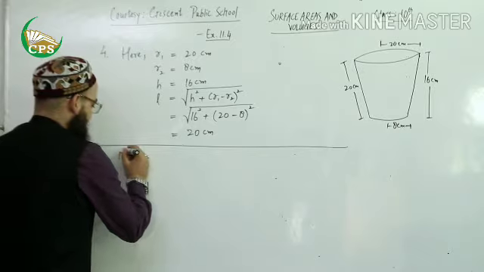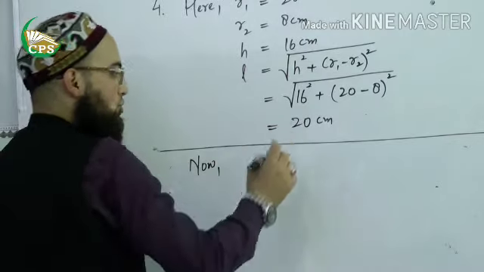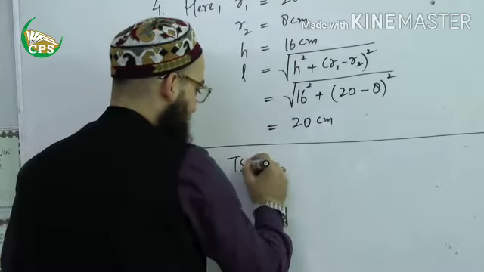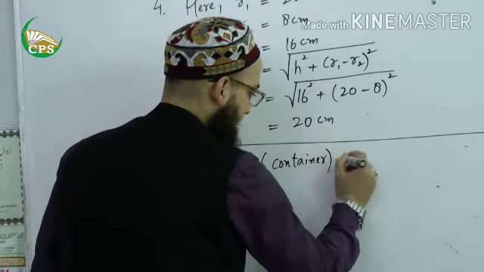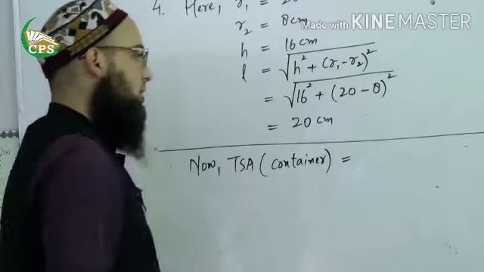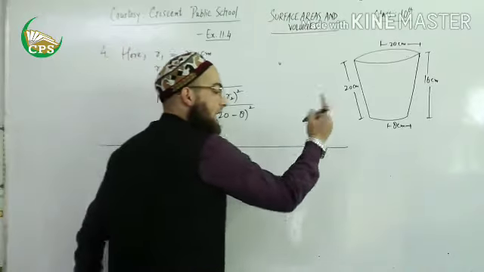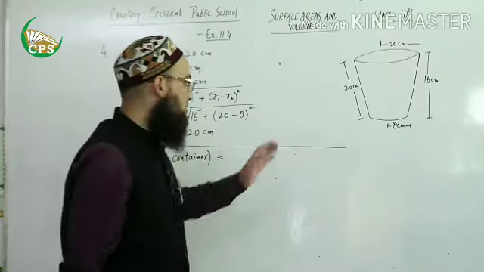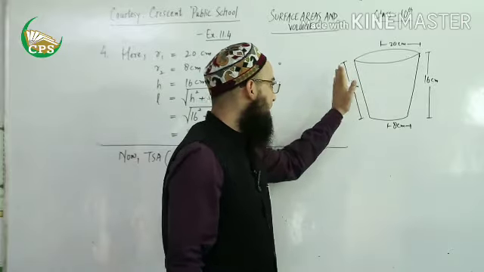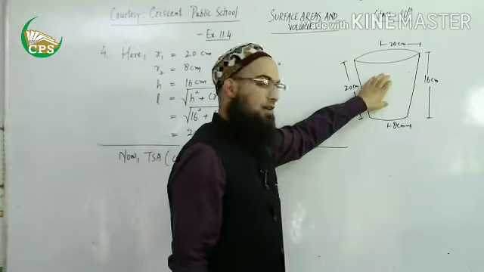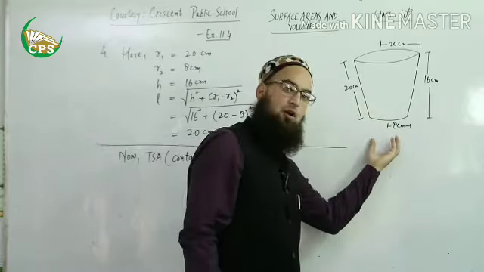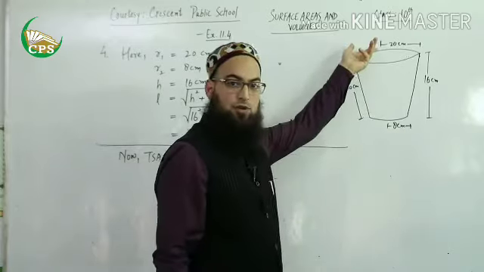Now, total surface area of the container. Total surface area of the container, again you can do it in two ways. Number one, curved surface area of this container plus area of base, because it's open from the top.